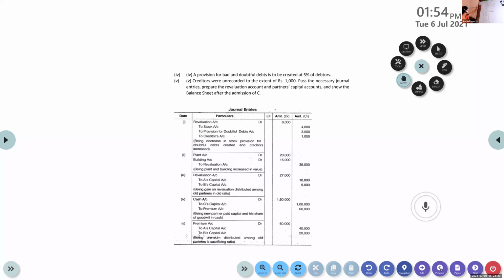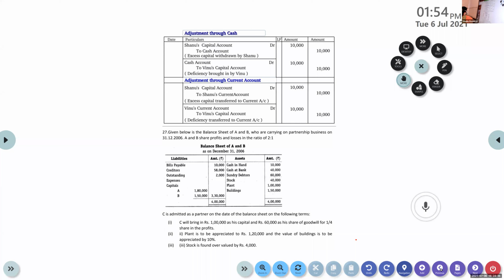Who will tell me? Anna, tell me. Cash account debit to new partner's capital account.